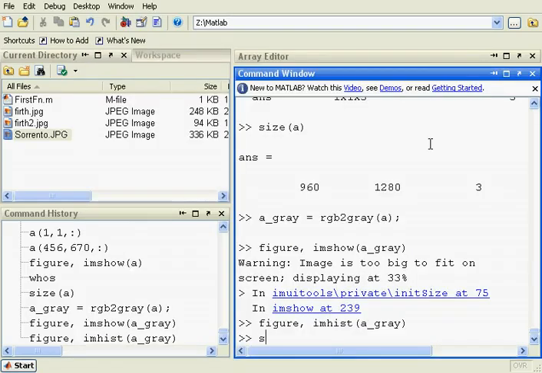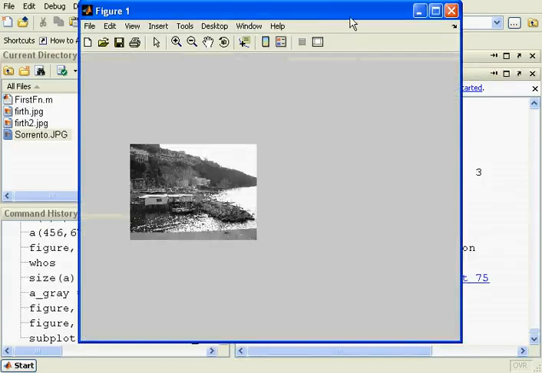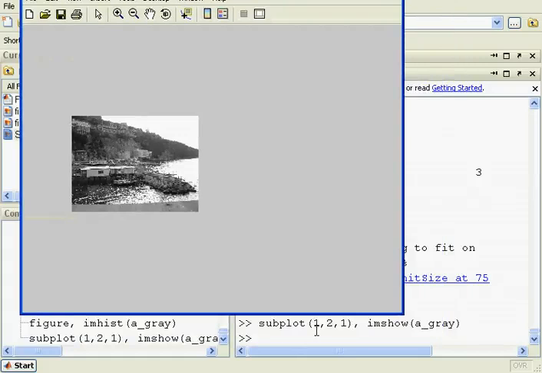Can we see the two of them lined up together? Yes, we can. We can say subplot. So let's get out of the way. Subplot 1, 2, 1.